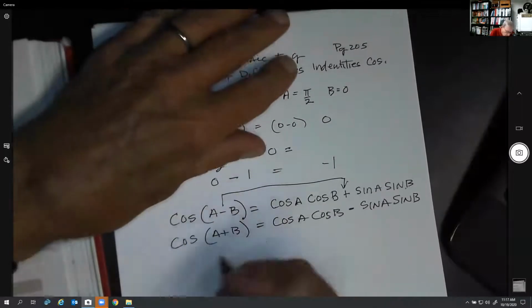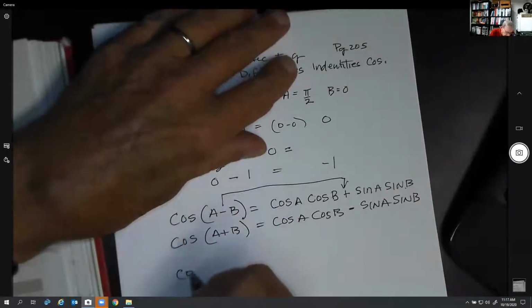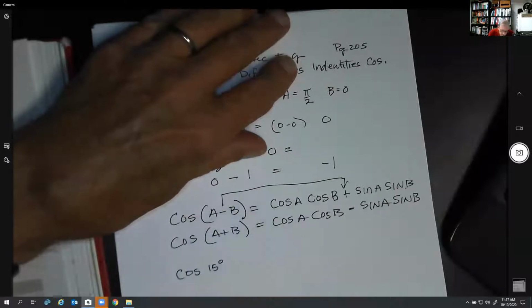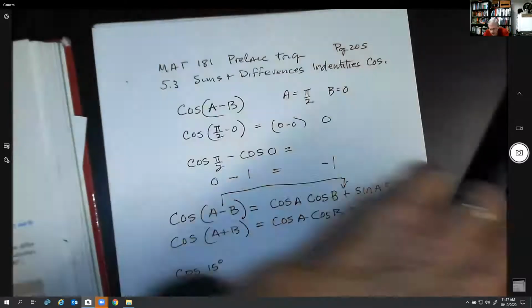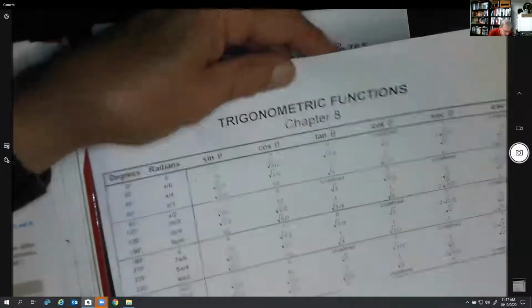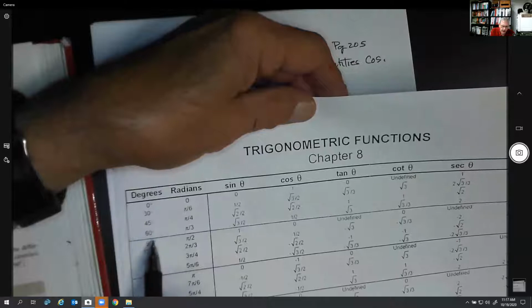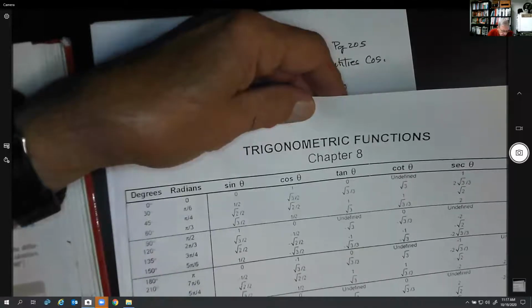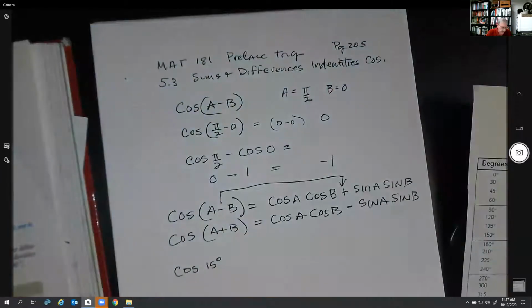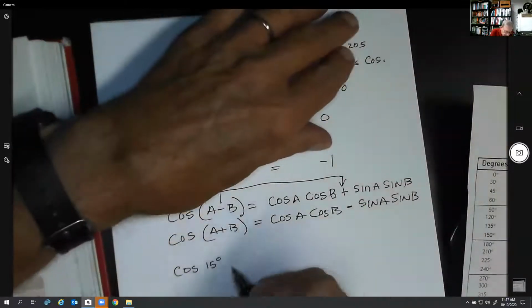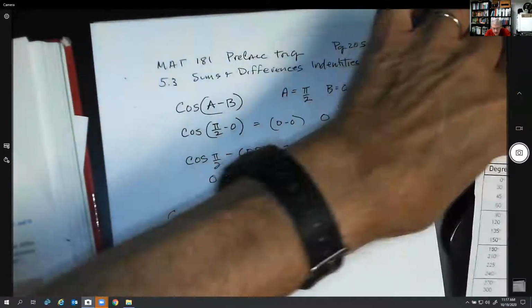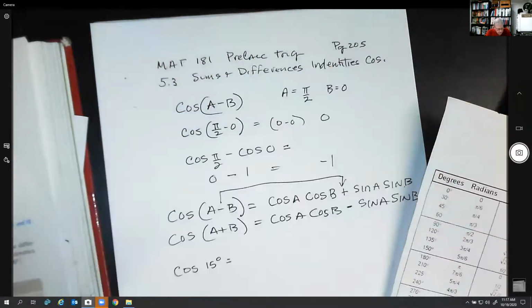So what we're going to try to do is find the cosine of 15 degrees. But you don't have the cosine of 15 degrees here. You've got the cosine of 30, the cosine of 45, the cosine of 60. So we try to figure out a way that we could write this as either an addition problem or a subtraction.